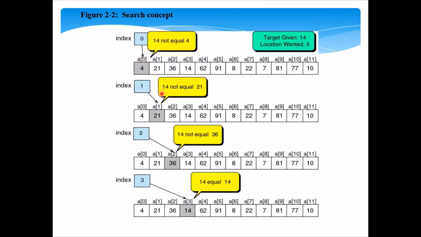If it's not equal to 14, then we increment the value of the index and repeat the process of comparing the element to our target value. As we go along the indices and find the value 14, we stop the execution of the loop. Then we assign the position to another variable and display that this particular value is at position, or index, 3.